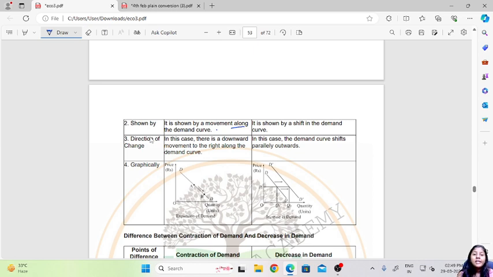Then direction of change: in expansion of demand there is a downward movement, and with regards to increase in demand, the demand curve will shift parallelly outward. So there is a new demand curve over here.